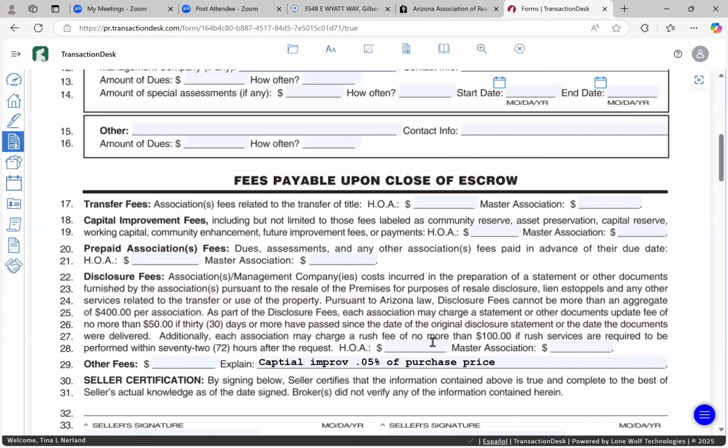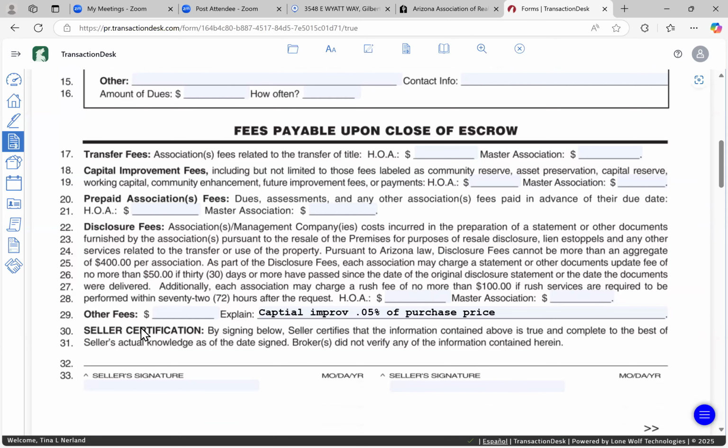So if there is an association fee, it is put here and here. I'm sorry, disclosure fee for the HOA and the association. So I did put an example of what other fees could apply. A lot of communities that have these really grand master planned communities, such as Eastmark, Encantera, what's another one? I think Anthem might have this fee.